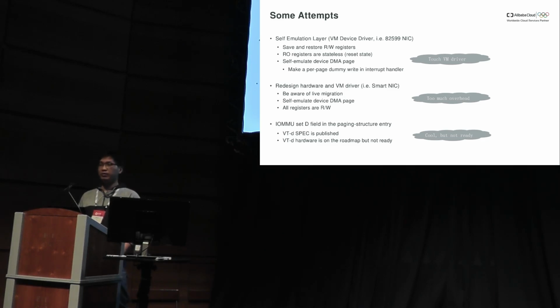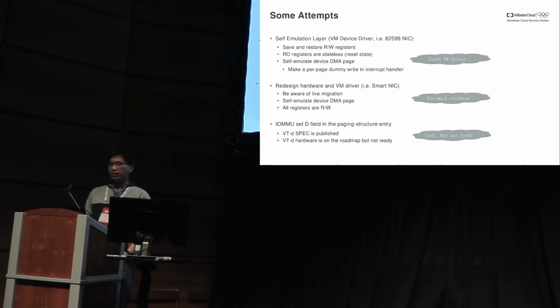Maybe they leave them inconsistent between device data and the VM driver. Also, they introduce a self-emulated device DMA page. They make a per-page dummy write in the interrupt handler. A dummy write is reading a byte and writing a byte. Then when PML is enabled, it can help us check the device DMA pages.